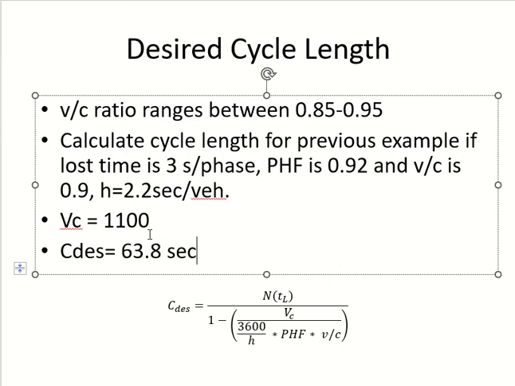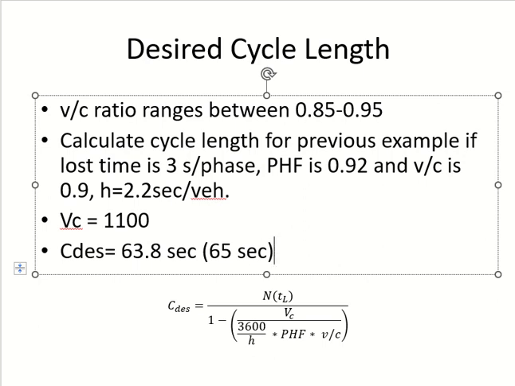And as I mentioned earlier as well, we round up to the next 5 or 10 seconds. So you can round it off to 65 or 70, no problem.